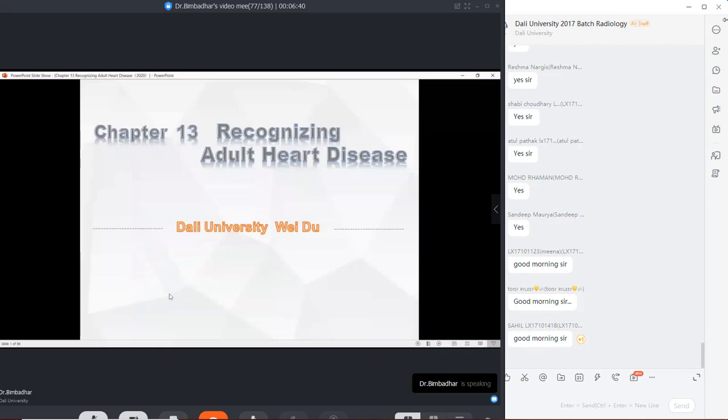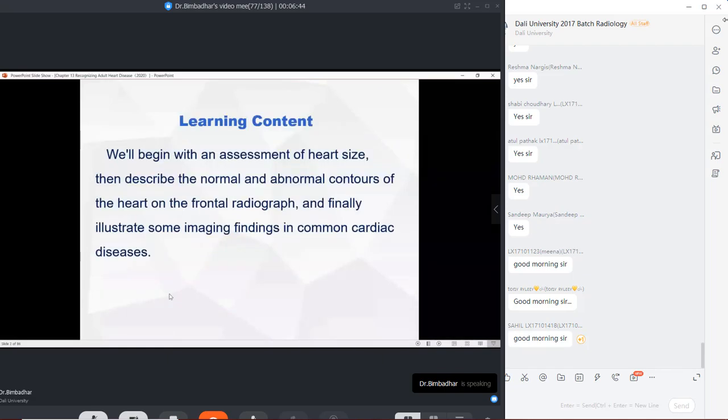So how do we recognize an adult heart disease? The first thing, when you are trying to look at adult heart disease, is that in all the previous x-rays we have been learning in the previous chapters, we have always been just looking at the lung fields, the soft tissues, and the bony orientation.